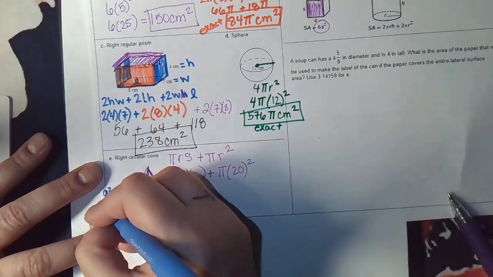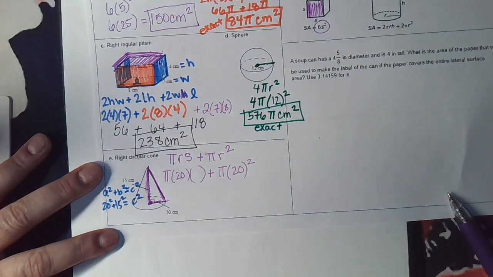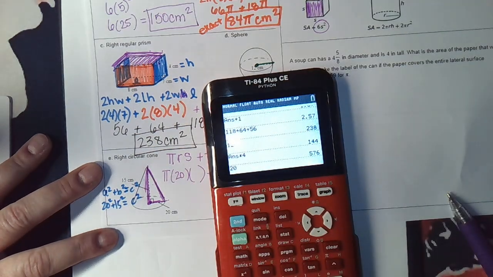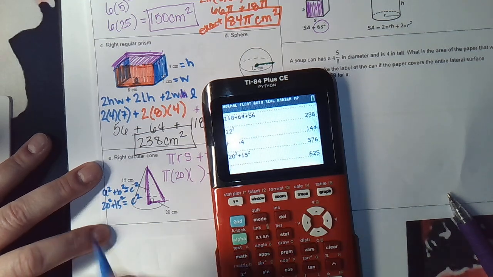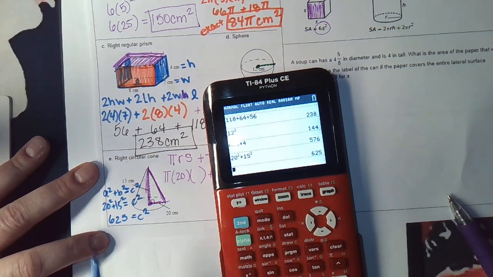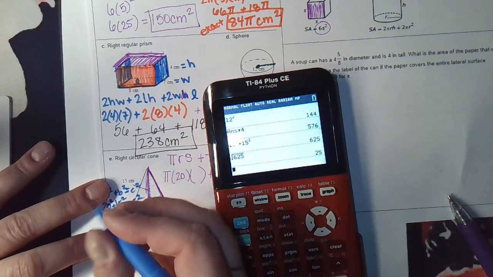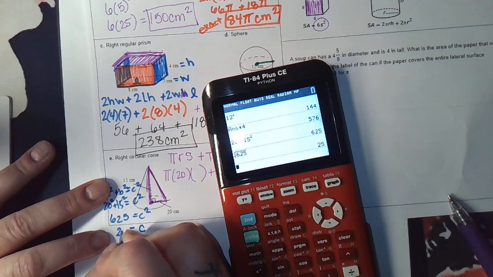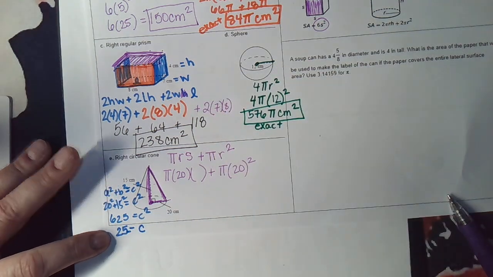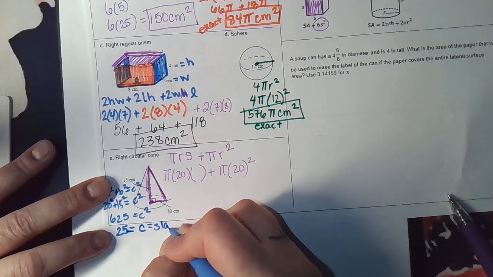But a squared is 20 squared, b is 15, and let's add those up. 20 squared plus 15 squared is 625. Then to get regular c, we do square root of 625, or what times what multiplies to 625. So our c is 25.